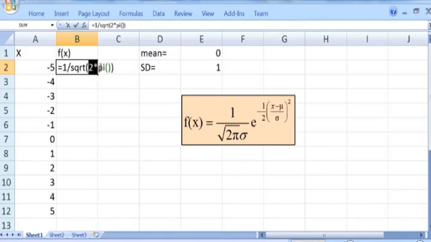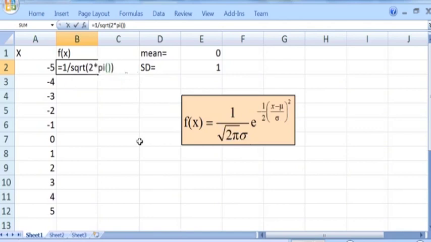So 2 times pi. This will multiply the number 2 with pi, and then we are taking the square root of this product. So square root and then the 2 parentheses, and within the parentheses we have 2 times pi. So this command will calculate 1 over square root 2 pi. But remember that, as far as this right hand side is concerned, this square root 2 pi is being multiplied with sigma as well.